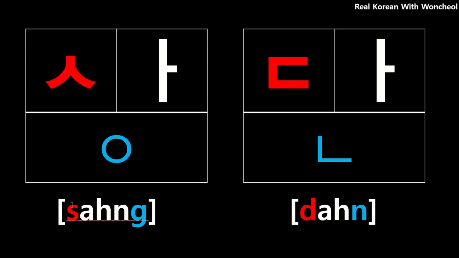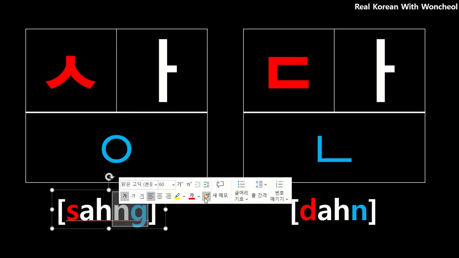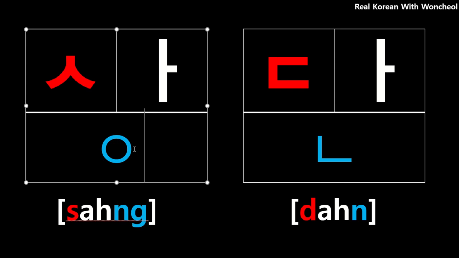Consonant S sound, and vowel ah. Oh, sorry, this one here together. NG sound. So together, sang. Okay, 1, 2, 3, sang.